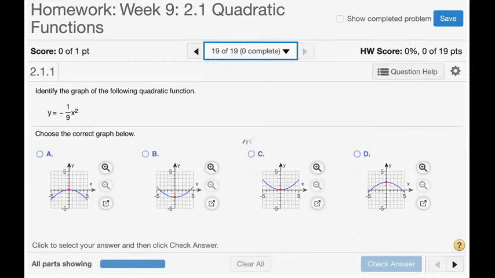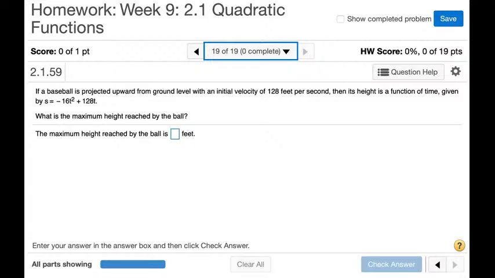So it says a baseball is projected upward from ground level with an initial velocity of this, then its height is a function of time given by this. What's the maximum height? So this function tells us the height based on time, with this given initial velocity. Notice that if we were to graph this, t versus s or x versus y, the highest exponent is 2, which means it's a parabola.